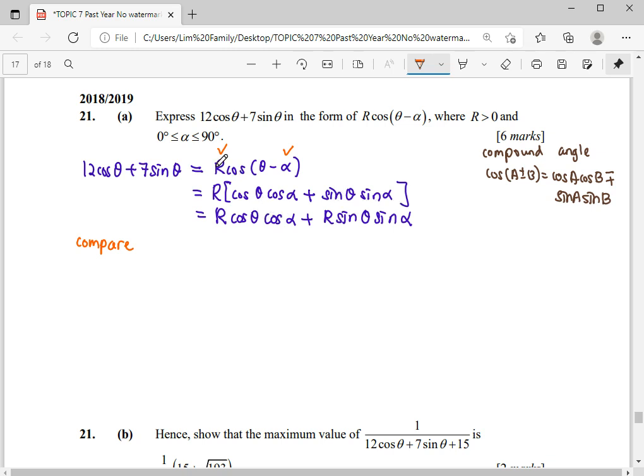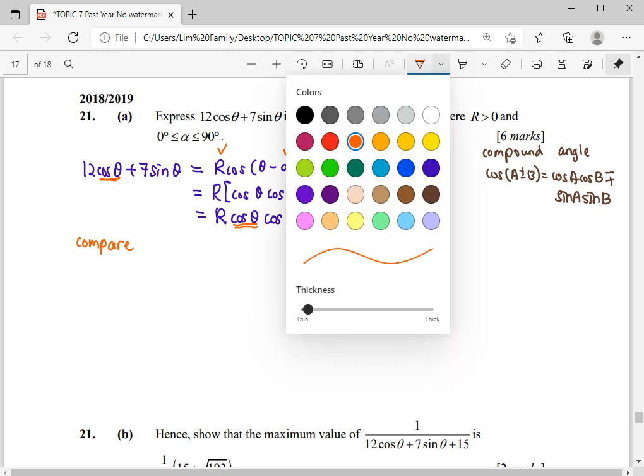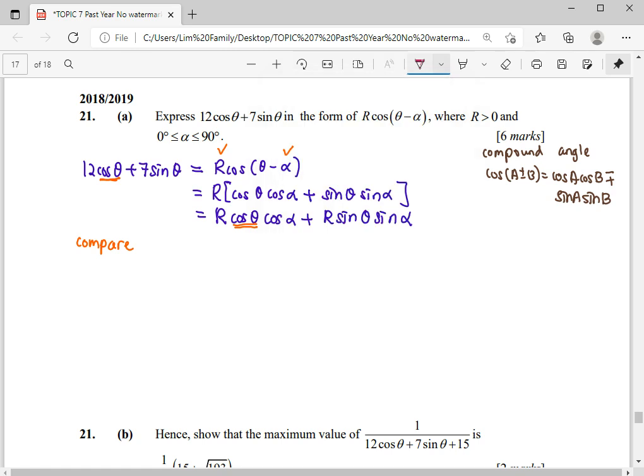When you compare cos theta, the coefficient for cos theta means R cos alpha will be equal to 12.